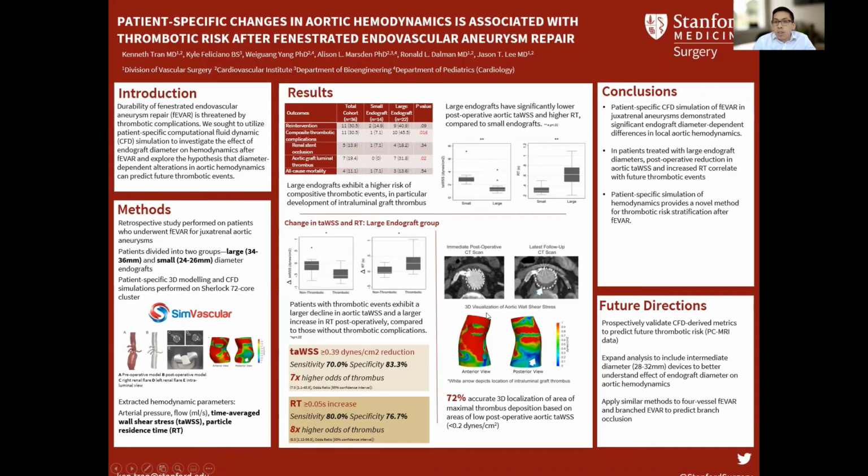And below, you can see a heat map of aortic wall shear stress with the arrow pointing to the same area where there are low areas of wall shear stress shown in blue to the corresponding CT area of thrombus. In aggregate, 72% of cases of thrombotic events were able to be localized based on this method.